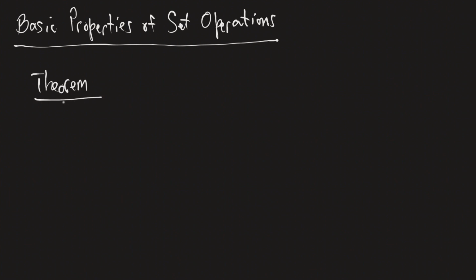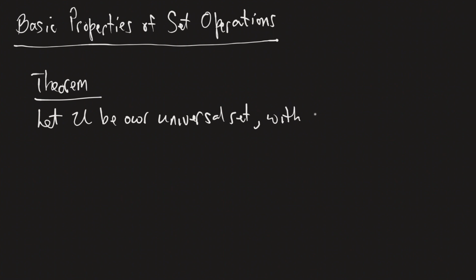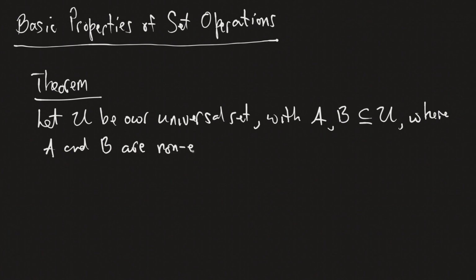Let me give it as a theorem, and it's basically about set operations. So let U be our universal set, with A and B subsets of that universal set, where A and B are non-empty.